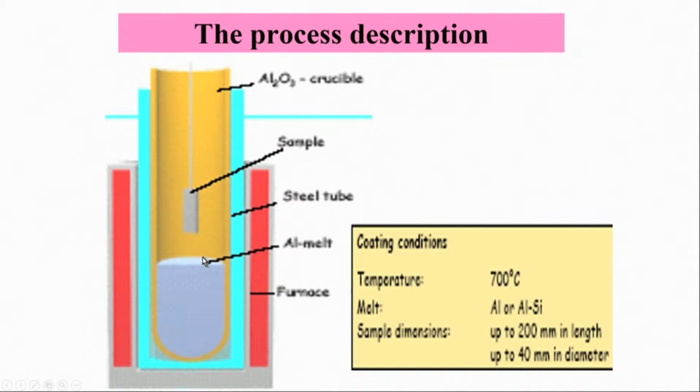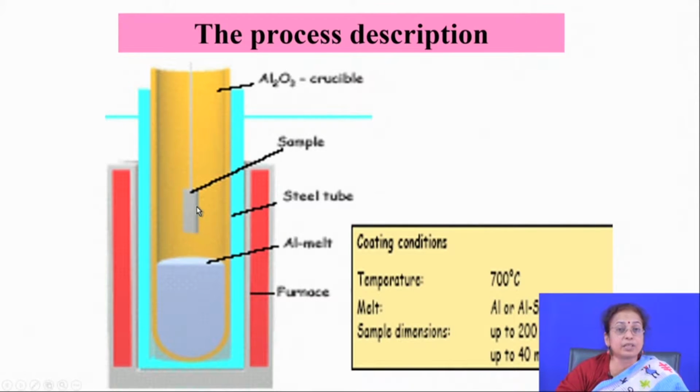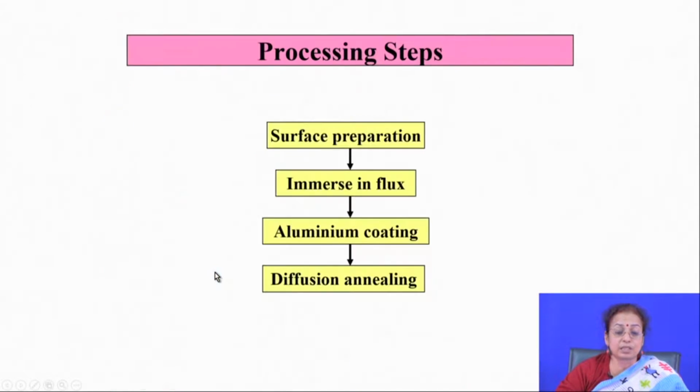On the other hand, if you use two step processing, there is less chance of contamination, because you immerse in the flux prior to immersion in the molten metal. As soon as you immerse it in molten metal, the flux is no more on the surface; it gets dispersed on the surface of the molten metal.